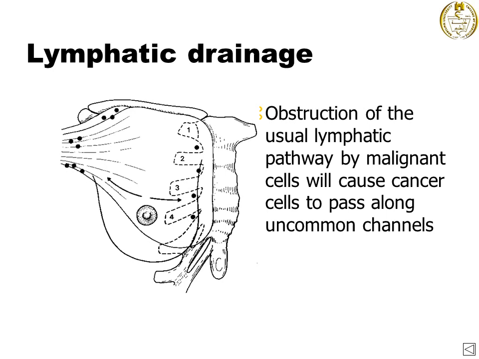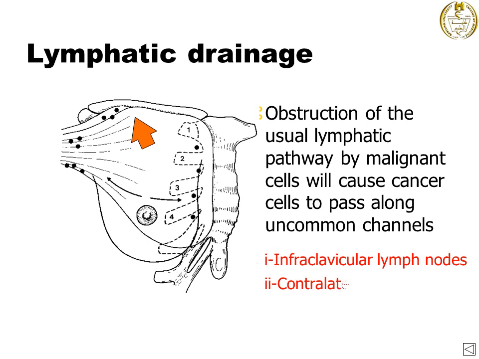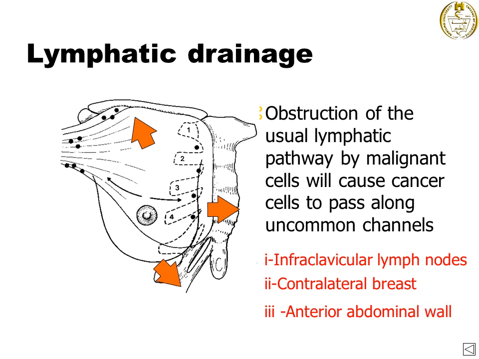Obstruction of the usual lymphatic pathway by malignant cells will cause cancer cells to pass along uncommon channels: infraclavicular lymph nodes, contralateral breast lymph nodes, and the anterior abdominal wall.